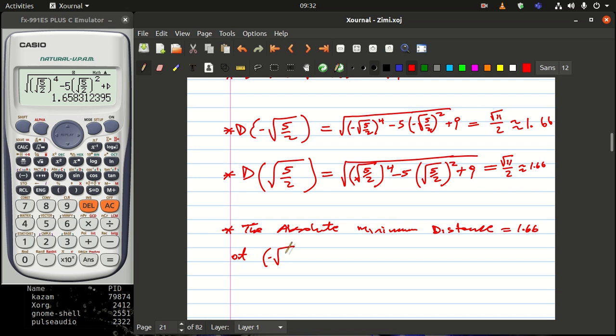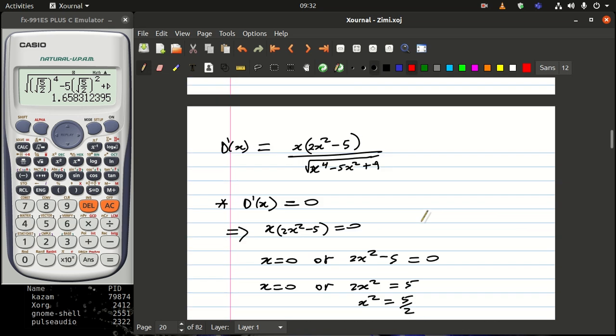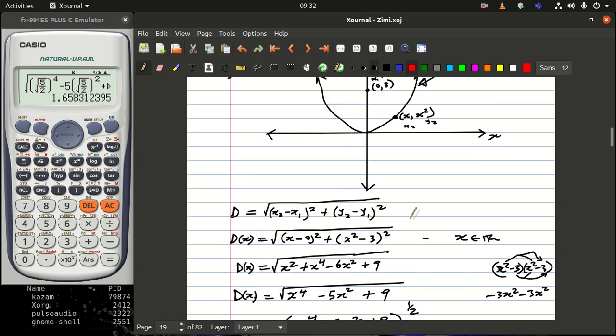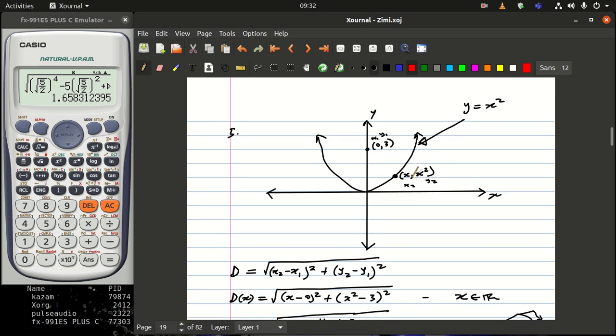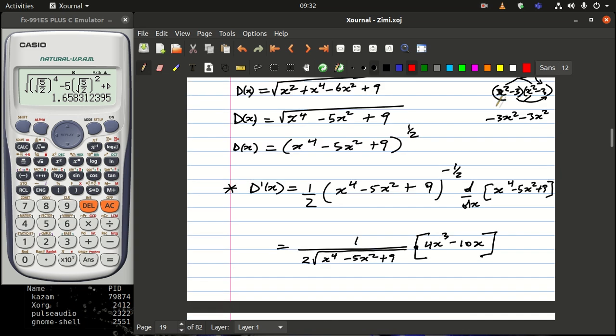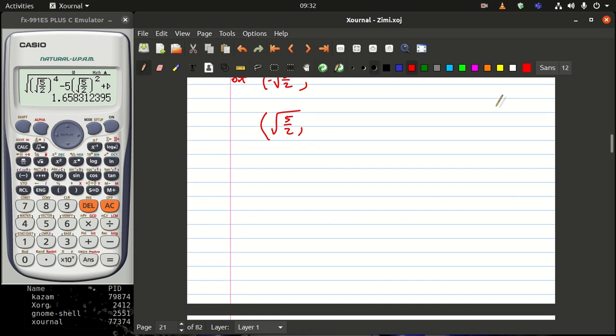minus square root of 5 over 2, and then what is the y value, and then the second one at square root of 5 over 2, and then we have a y value. How do we find a y value on the curve? We know that this is actually the curve. On the curve, y is equal to x squared, so we are looking for the y value.